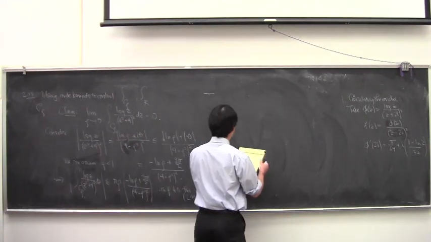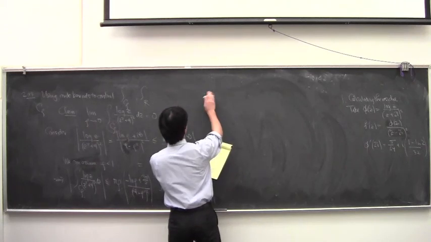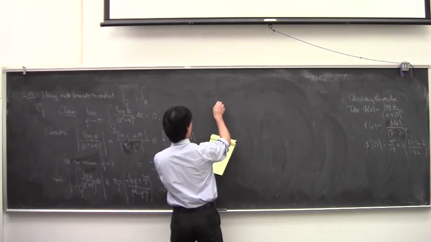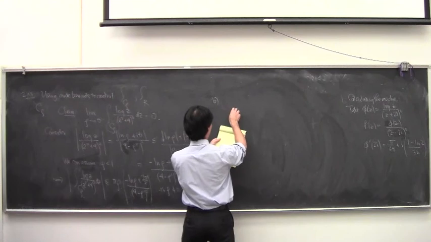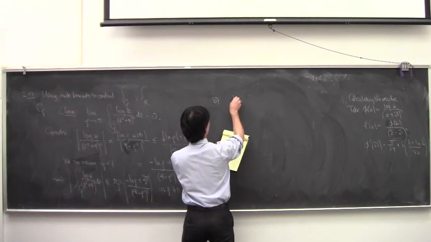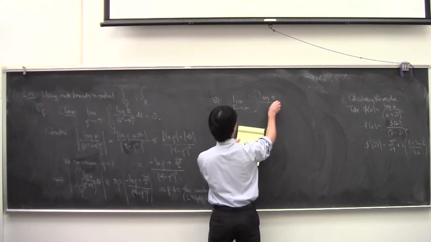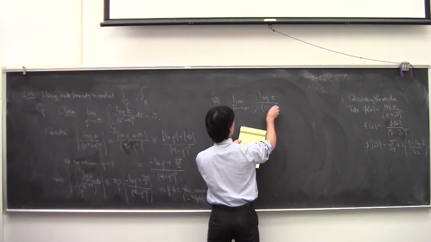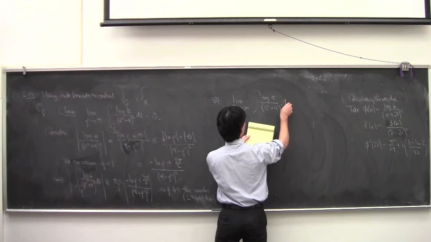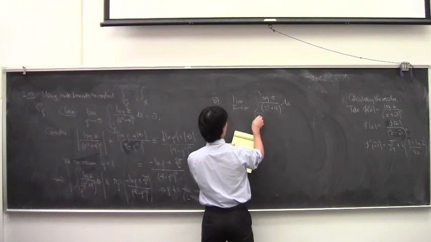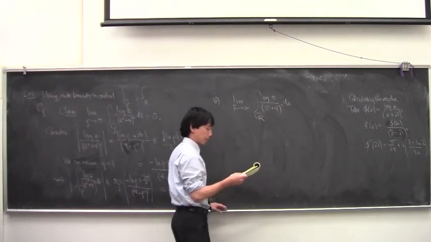Now the second thing we're interested in is the limit as r goes to infinity of the same thing over C sub r.